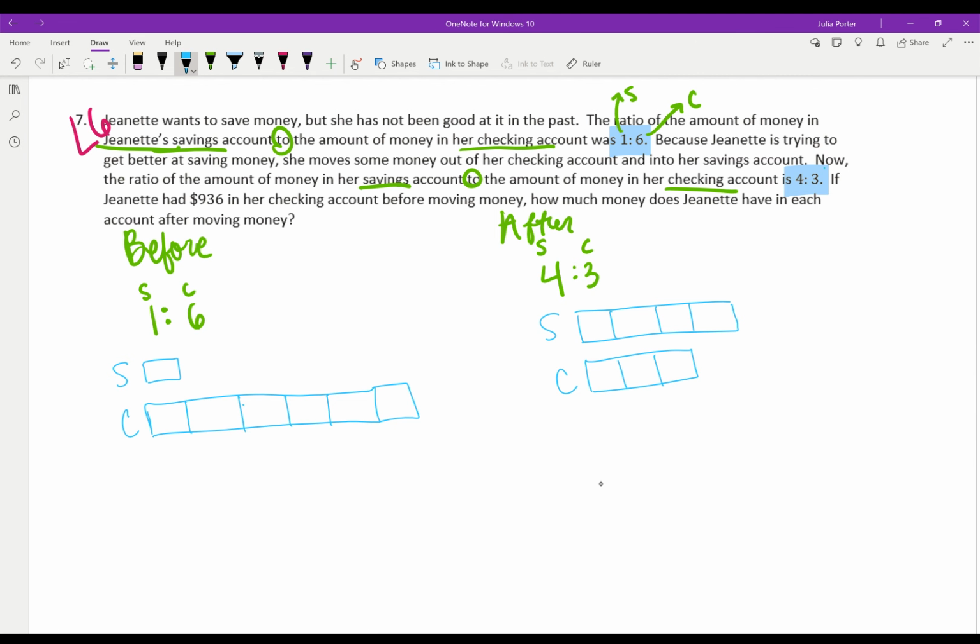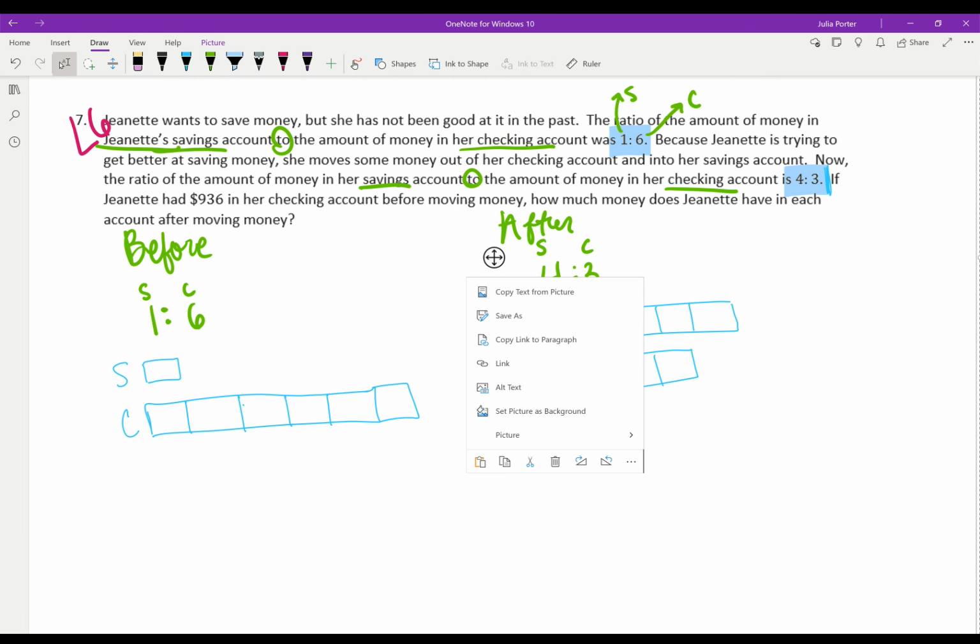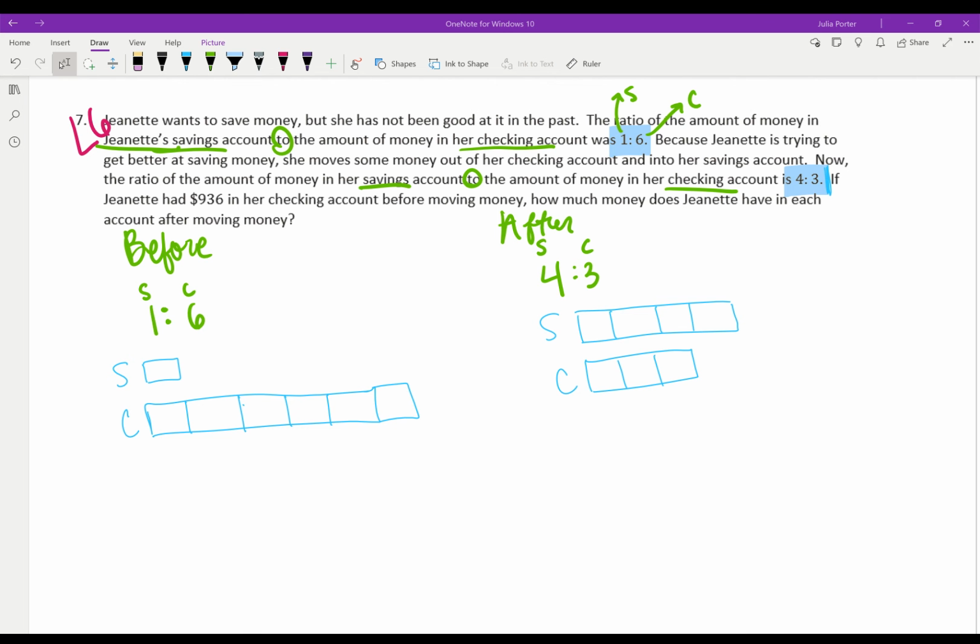So we've kind of caught up to here. If Jeanette has $936 in her checking account before moving the money. So let's figure out where is the checking account before.